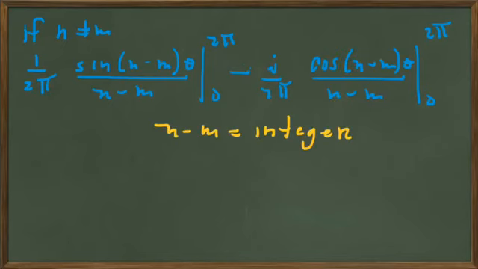So let's note that when n is not equal to m, n minus m, which occurs here, here, here, and here, is an integer.